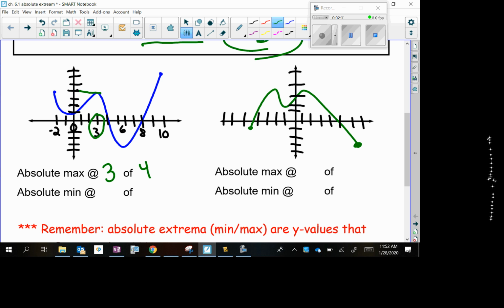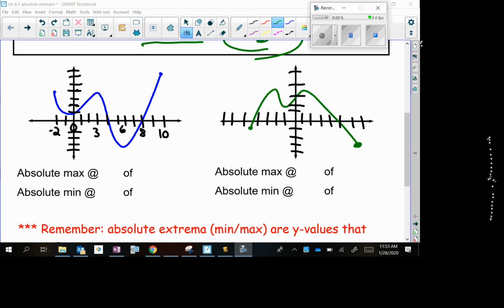So the absolute max for this function, the highest point, is occurring twice, at 3 and -2. Oh, hang on. So stop that. No, let's back up on that. Scratch all that.